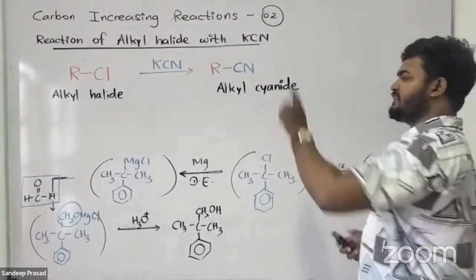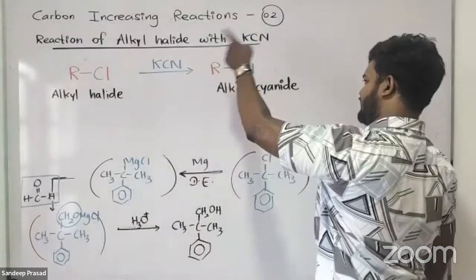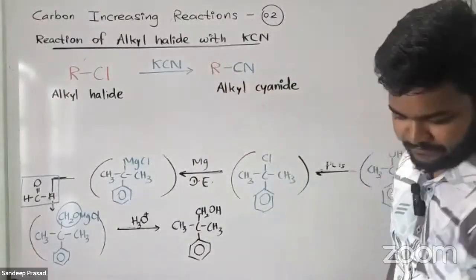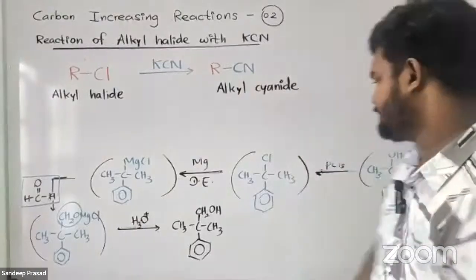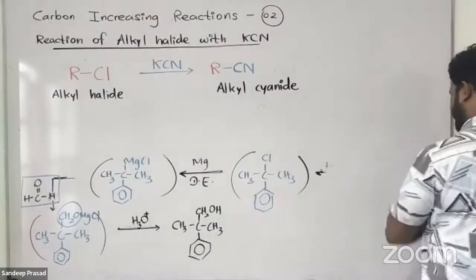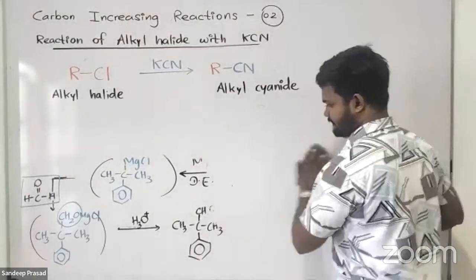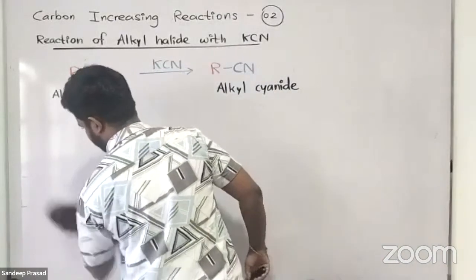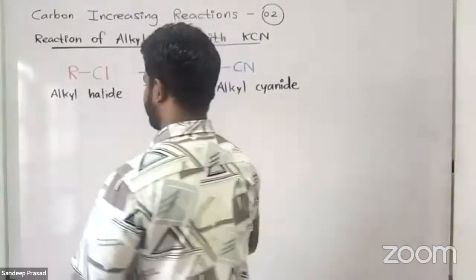In order to convert chlorine or bromine into CN, cyanide, what do we have to add? Potassium cyanide. Right. Write down these examples. A few examples for this one. Example number 1.